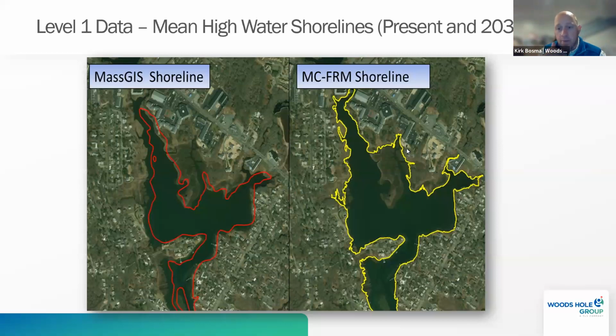This is just coming right from the model, and you can see the comparison between the shoreline from MC-FRM in the yellow and what was available before. Not that it was horrible, it just was the method that was used to do it. You can look at what that looks like in present day and in 2030. Currently, we don't have anything beyond that to date.